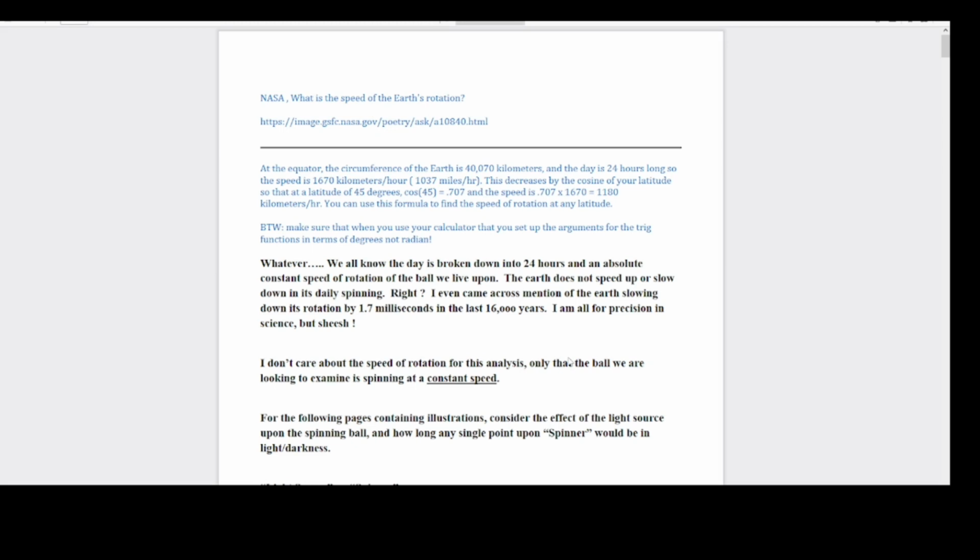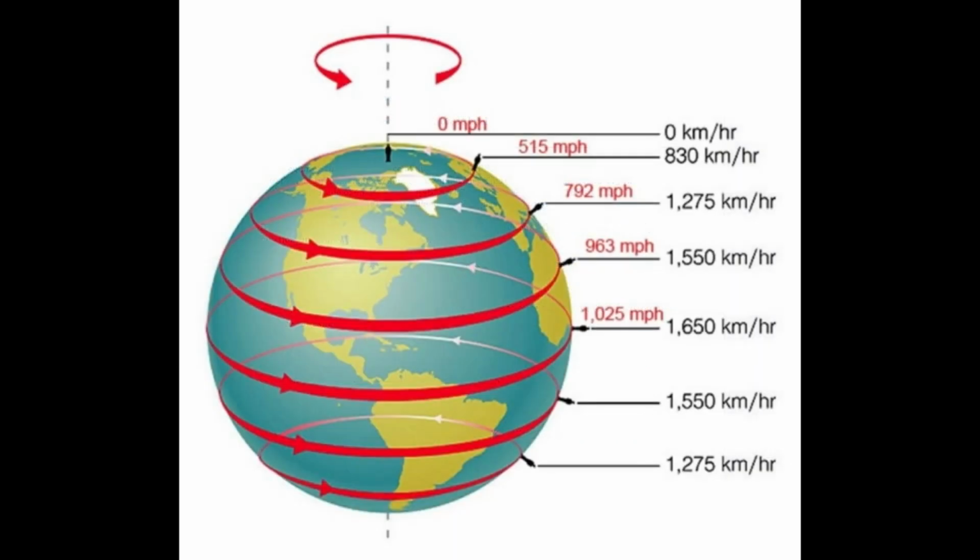So you can use this formula to find the speed of rotation at any latitude. Again, it's something that you can model mathematically quite easily, given some assumed dimensions and latitude lines on a sphere.